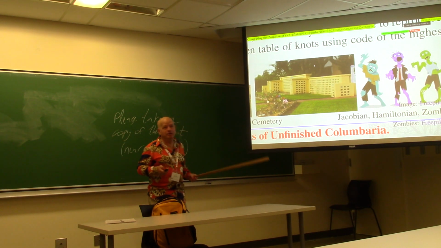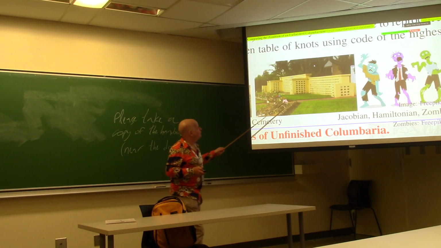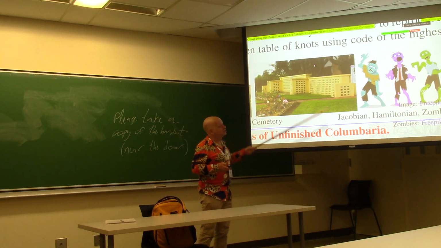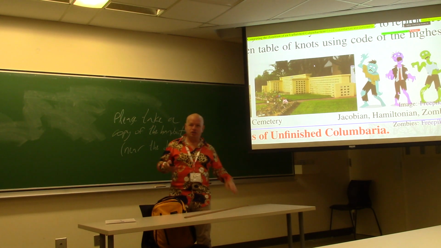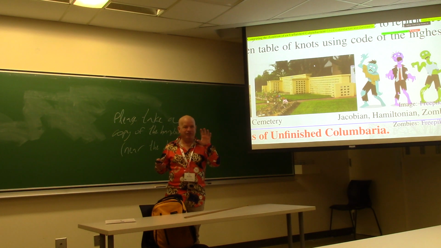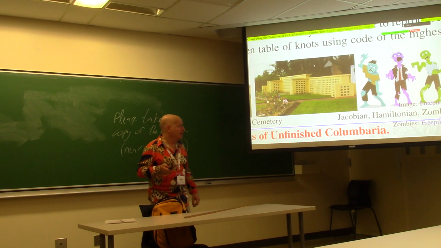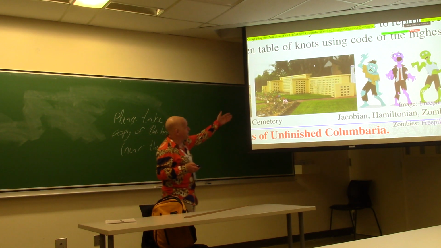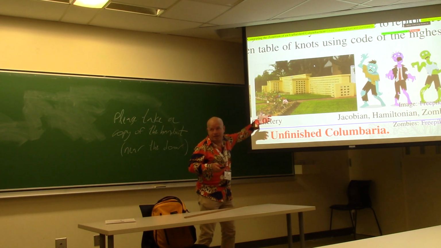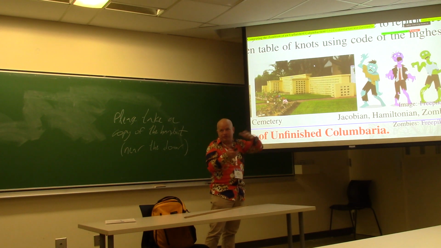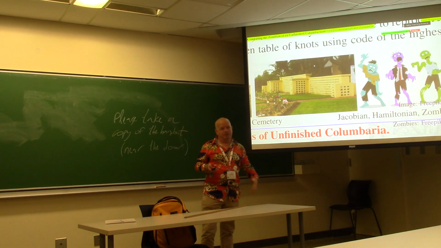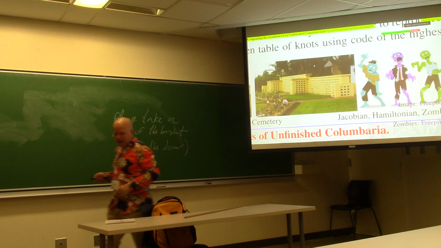A Columbarium is something you usually find in a cemetery, a big structure with lots of cavities, and in each cavity you put an urn with the ashes of the dead. A Zombian is something you compute that pertains to a Columbarium, a function whose domain is Columbarium.